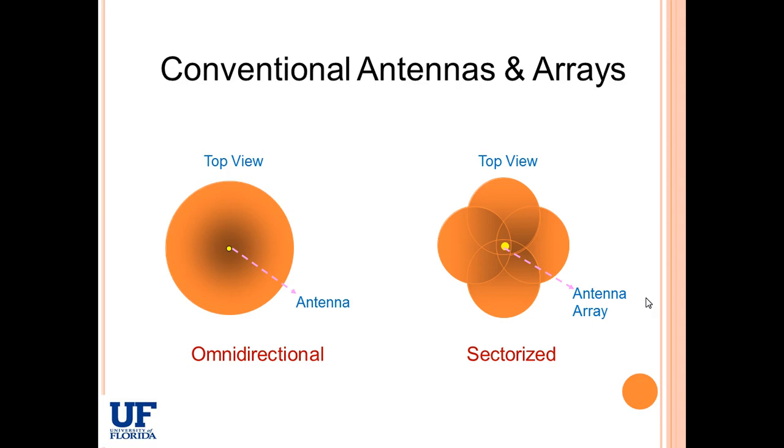The need for increasing capacity has come of great interest, and the main way of increasing capacity has been by reducing interference. So many kinds of techniques have been introduced. We started with omnidirectional antennas, where you see here an antenna actually serving the whole area.